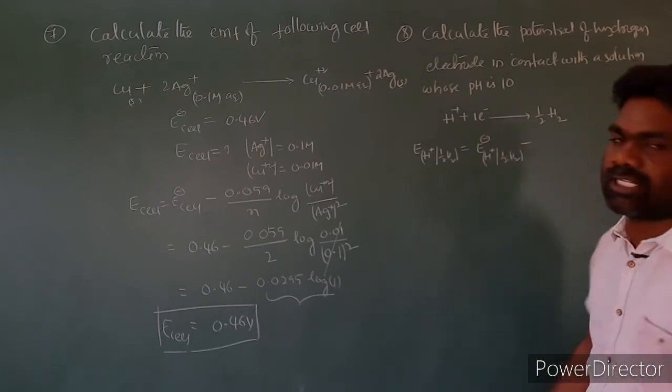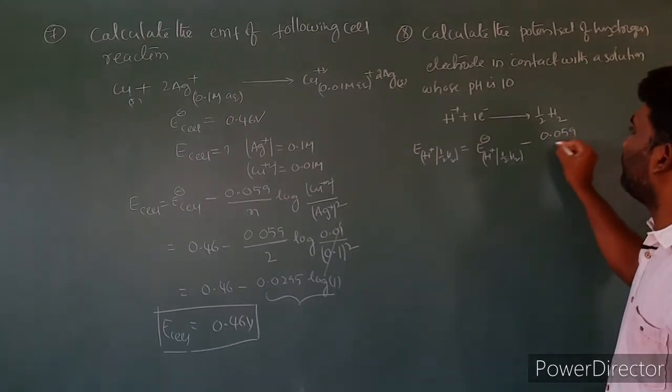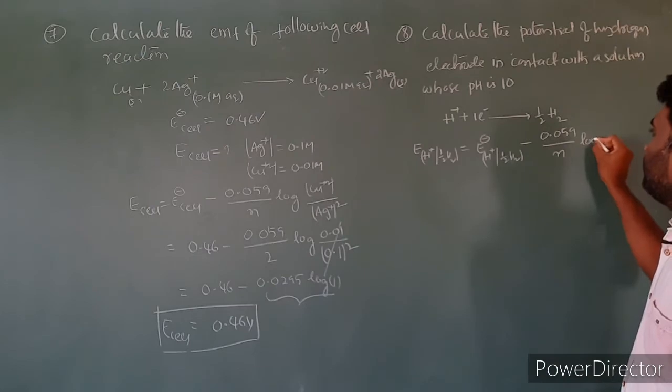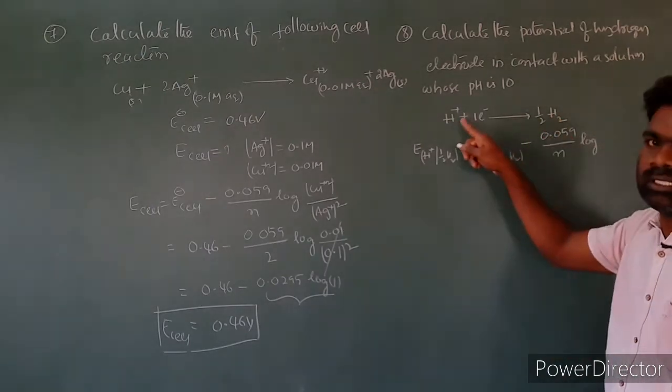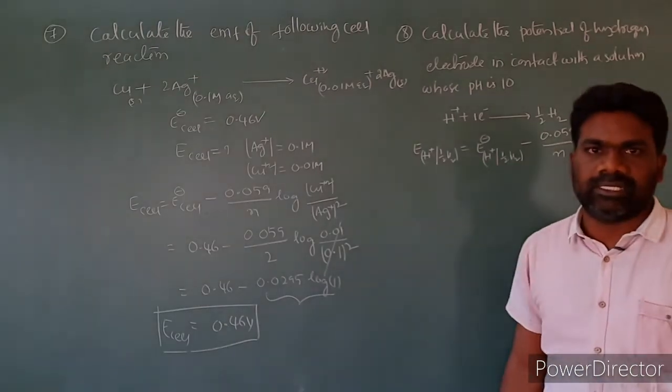We are applying the Nernst equation, minus 0.059 by n log concentrations of products by concentrations of reactants. This is the gas state, this is the ion, so we take the gas as unity. We will get 1 by concentration of H+, isn't it?